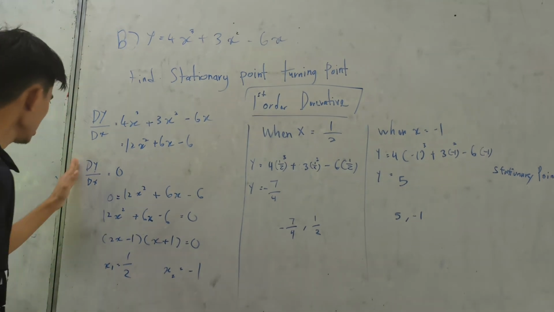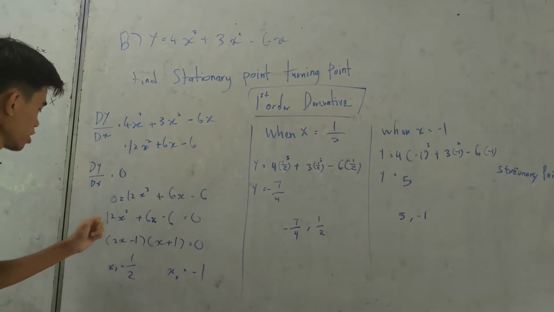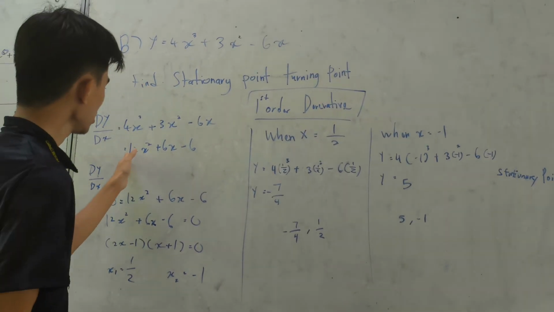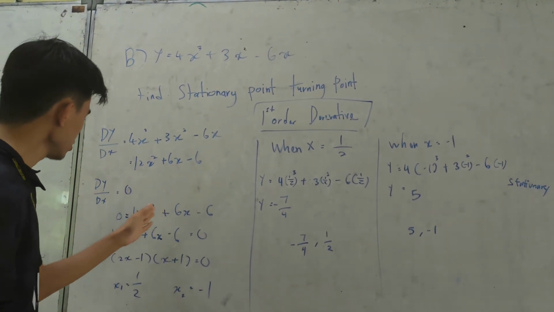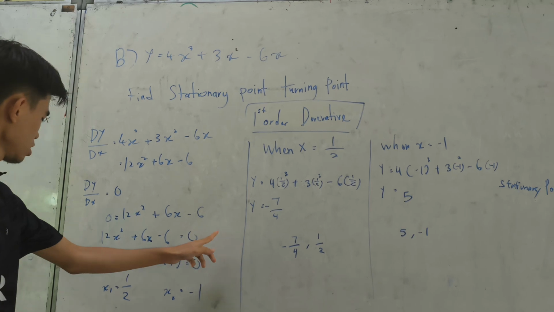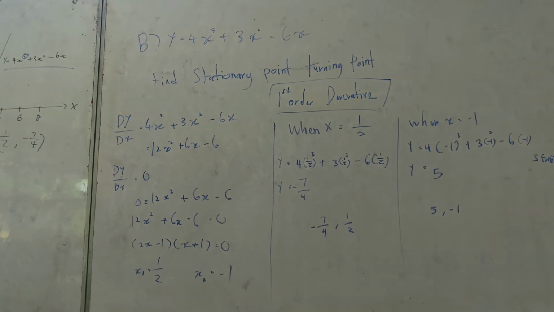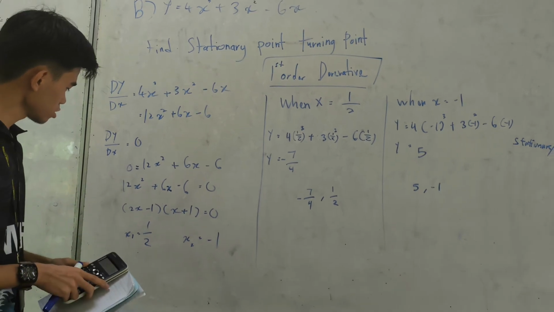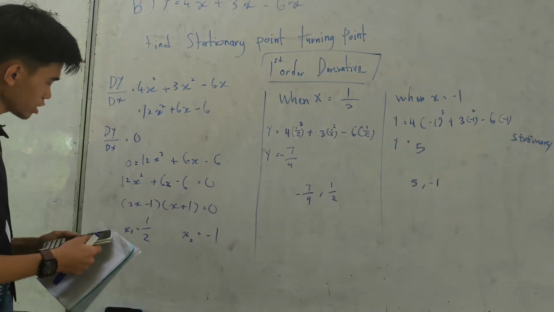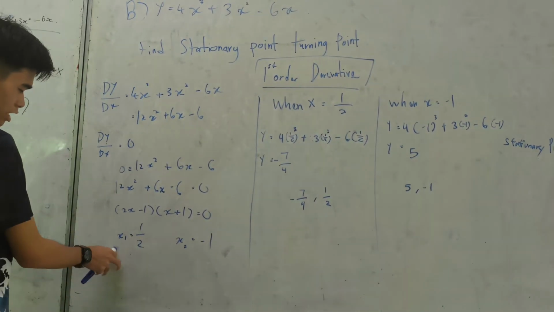Now we set dy over dx to 0, and use the calculator to solve the equation and get x1 and x2.